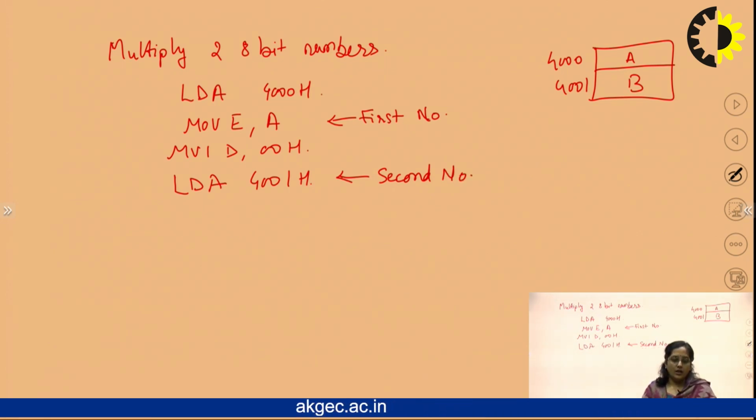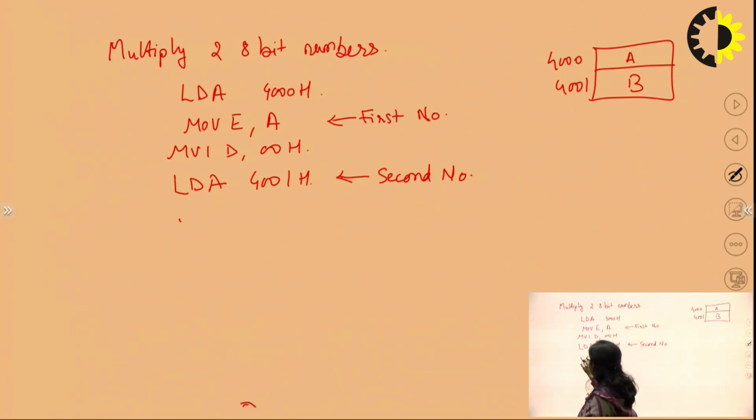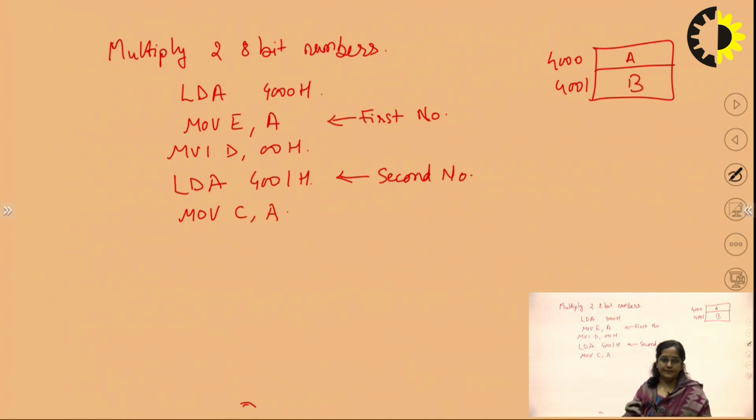Okay. Now this number we will store in the C register. And we will go for the DAD instruction, which will add two 16-bit numbers, so that we can have the multiplication result even if it is more than 8 bits.